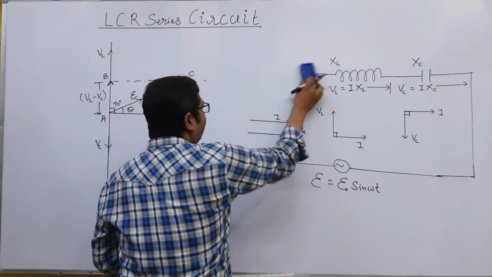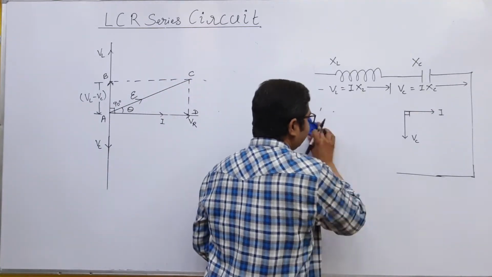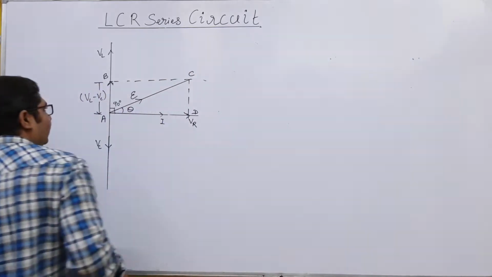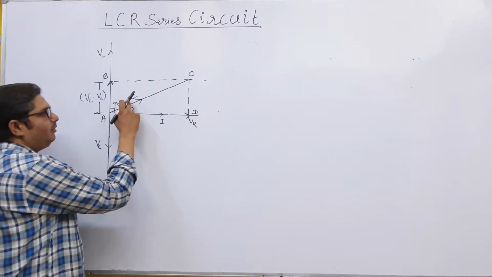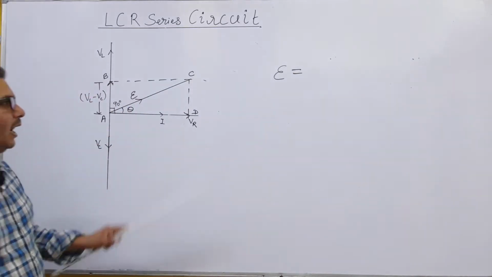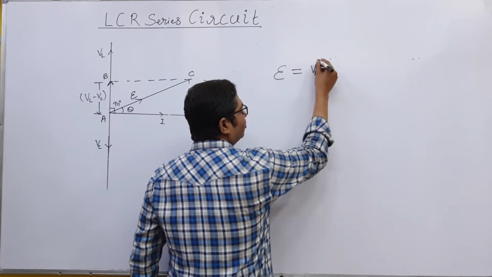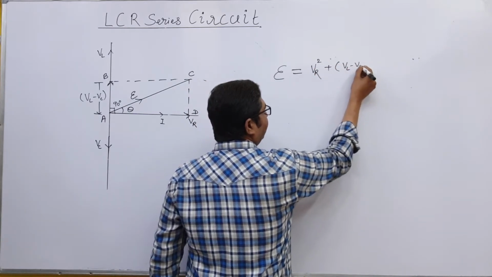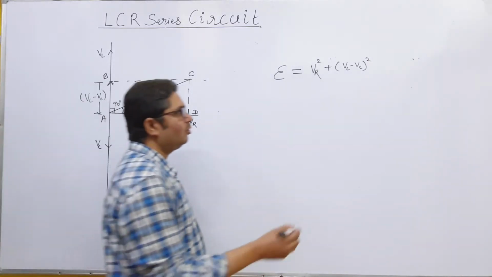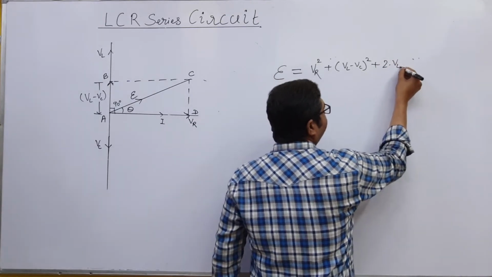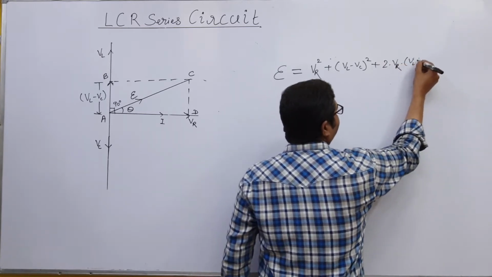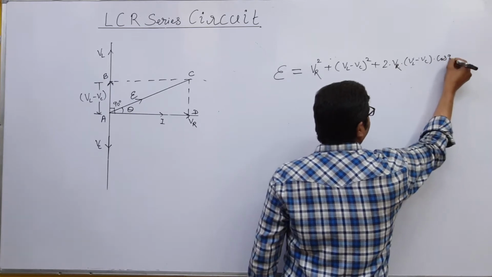When we apply it, we write that this EMF E is equal to the square root of VR square plus VL minus VC square, plus 2 VR into VL minus VC into cos 90 degrees.